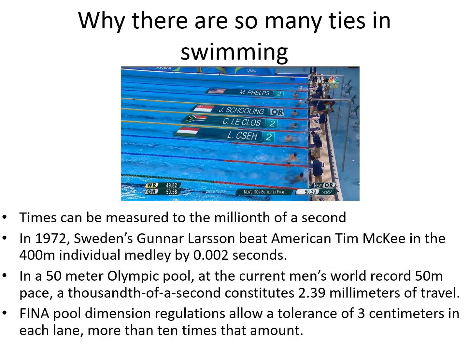However, when finding the fastest swimmer, what we really want to know is speed. The calculation for speed involves both time and distance. Although we can measure time very precisely, the way that the swimming pools are manufactured means that we are less sure about distance. There is a tolerance of about 3 centimeters in each lane.